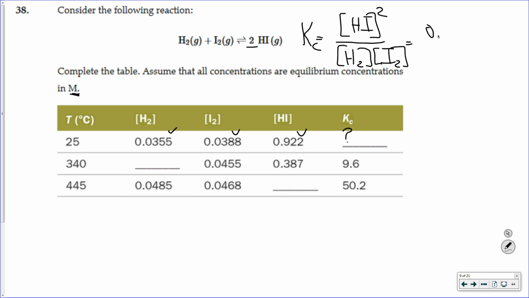So I've got 0.922, square that, divided by the reactants, 0.0355 times 0.0388. And whatever that number comes out to, that's going to be what K is.